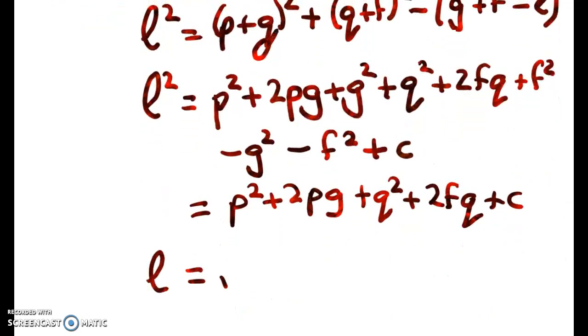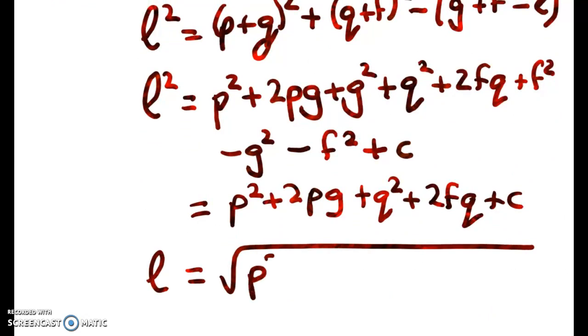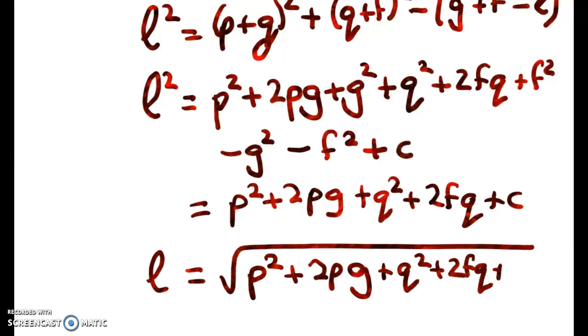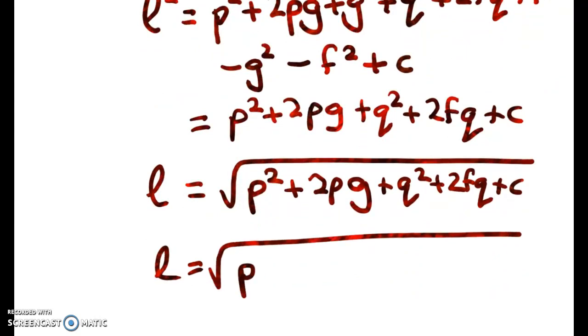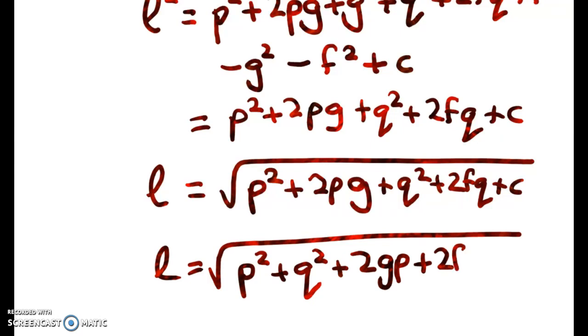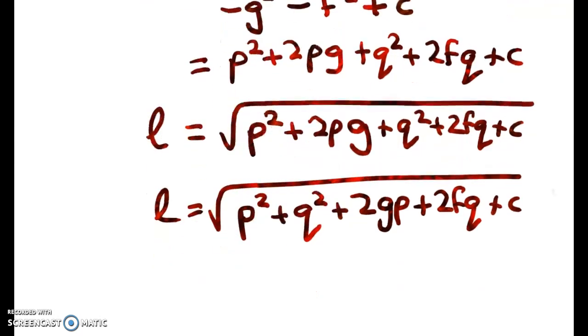So the last step is to take square roots of both sides. And that's probably fine, but we're going to make it even more beautiful and get it into exactly the order we were asked for in the question. So P squared plus Q squared plus 2GP plus 2FQ plus C as required.